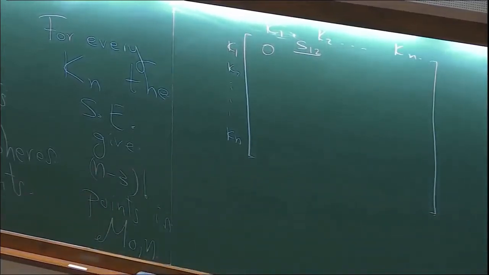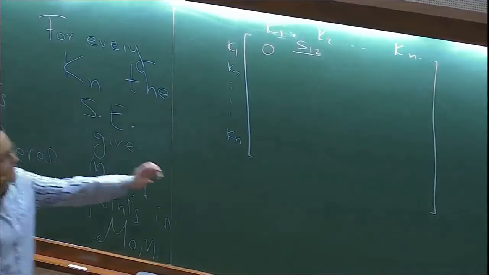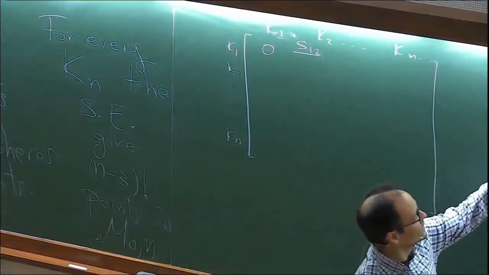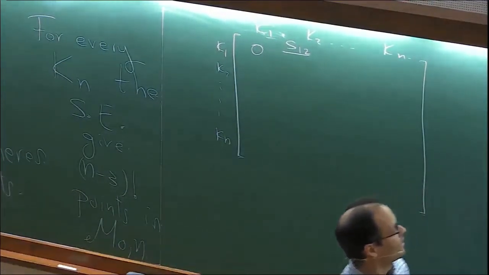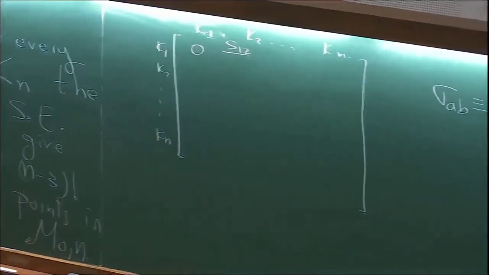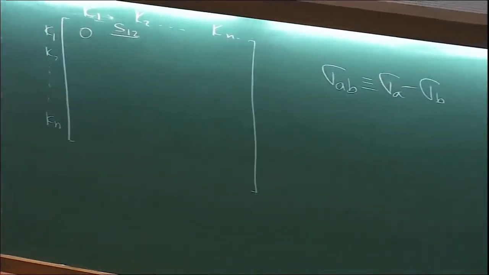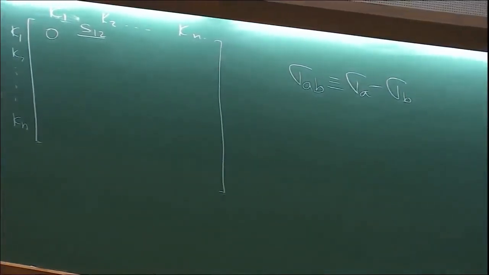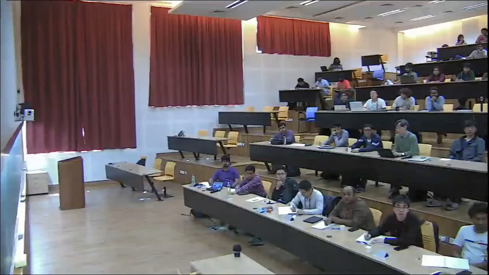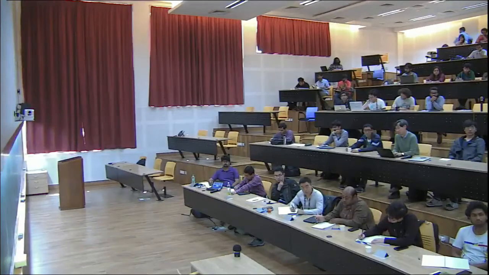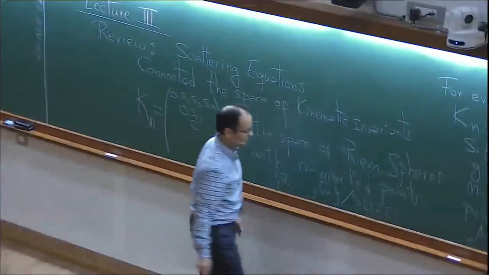Every time you see a sigma with two indices, it means the difference of the two marked points. They are denoted sigma 1 through sigma n, and this is all modulo SL(2,C).